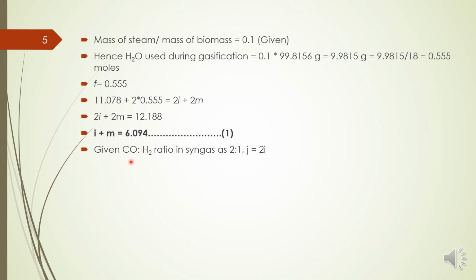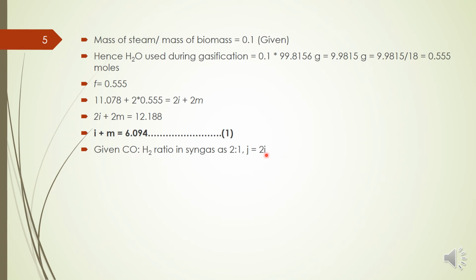Now we have one more clue, that is the carbon monoxide to hydrogen ratio in syngas is 2:1. Now we have represented CO, the number of moles in the product side, and hydrogen also using J and I. So this means J is equal to 2I. J is the letter used for representing the number of moles of carbon monoxide in the product side in that equation, and I is the number of moles of hydrogen.